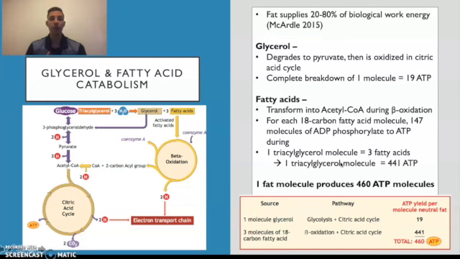So one triacylglycerol molecule, which equals 3 fatty acids, nets about 441 ATP. Overall, the glycerol and the fatty acids combine, and when catabolism occurs fully for one fat molecule, it nets about 460 ATP.